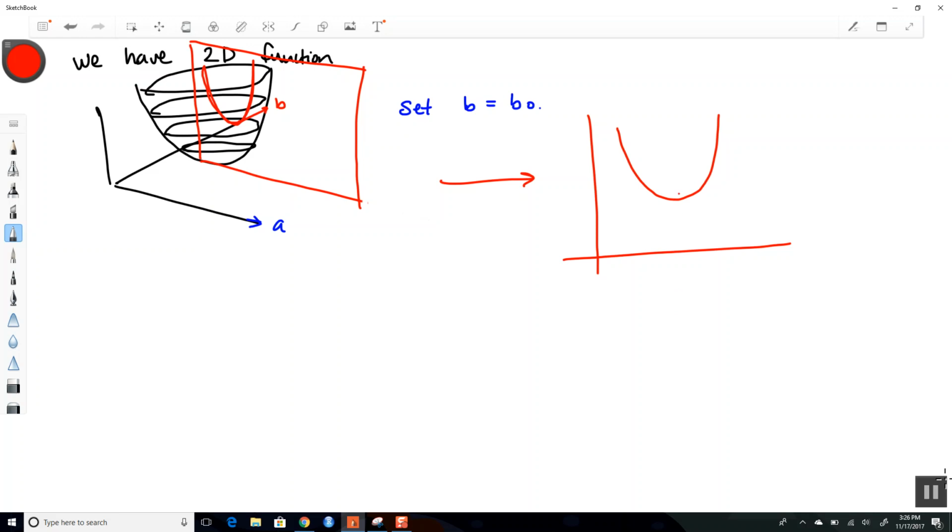So this is now a function of A, right? This is f of A, and we find this location here, minimize, and this will be A1, okay? So we find this spot right here, okay?